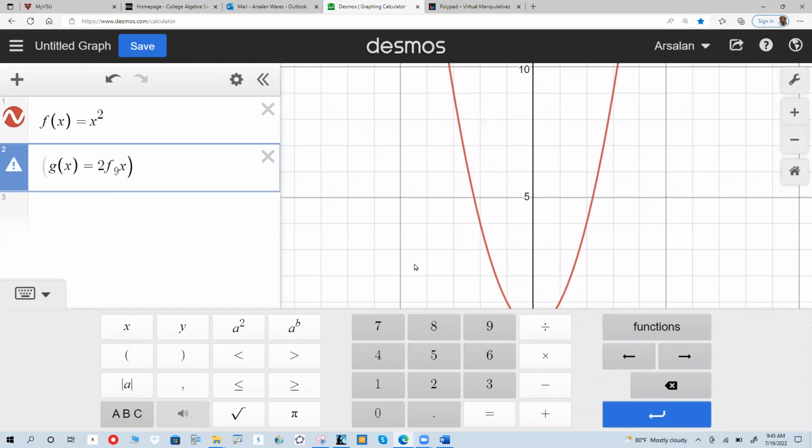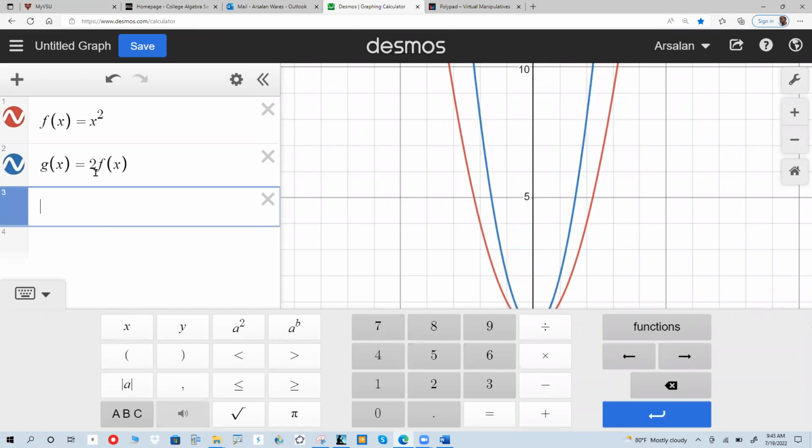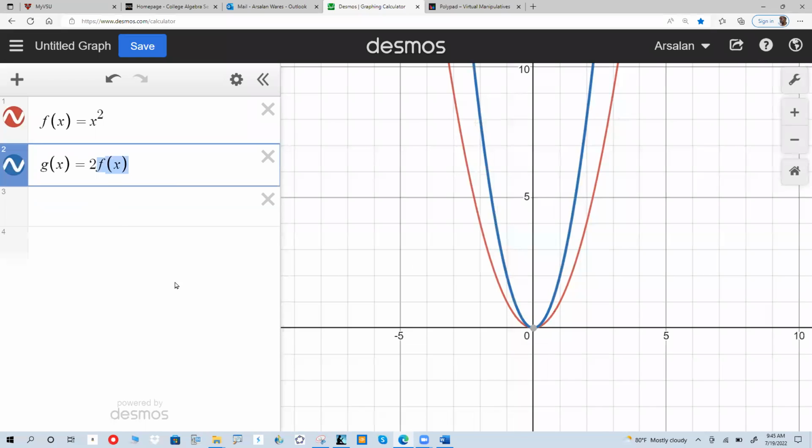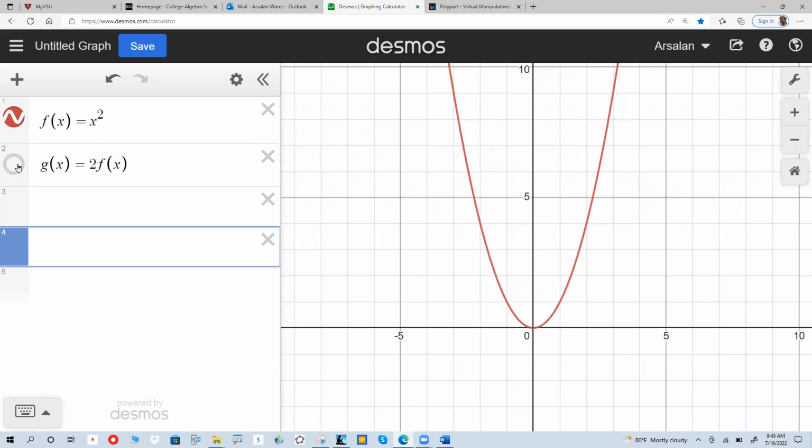I'm just saying f of x is whatever it may be. I'm multiplying the whole function by a 2. So again, as you can see, the original curve is the red curve, x squared. And the second one, the blue curve, is 2 times that.